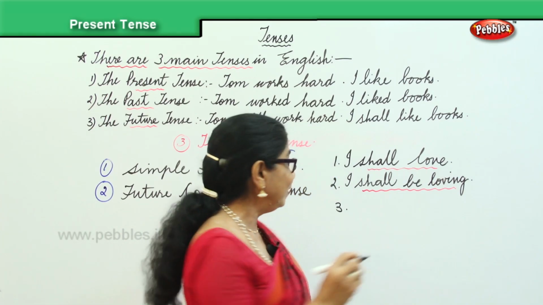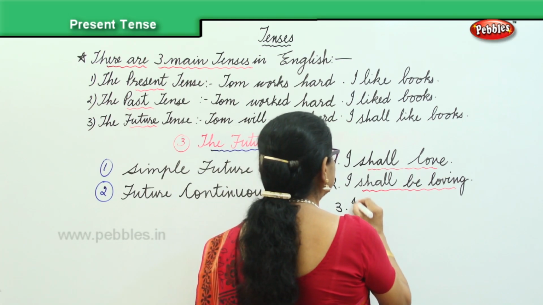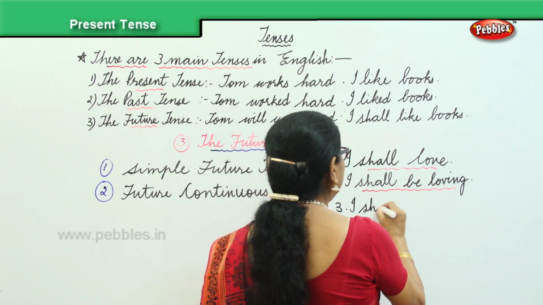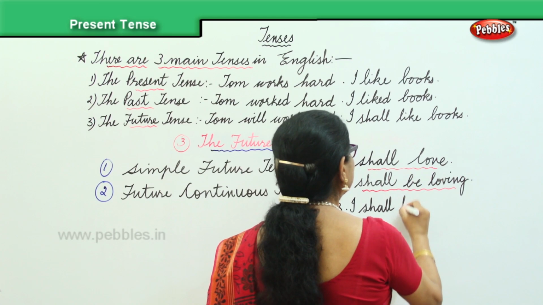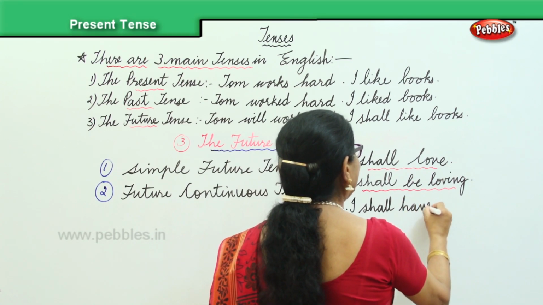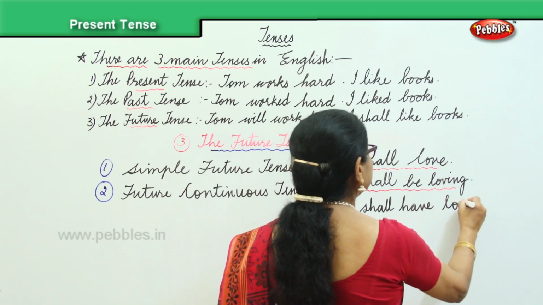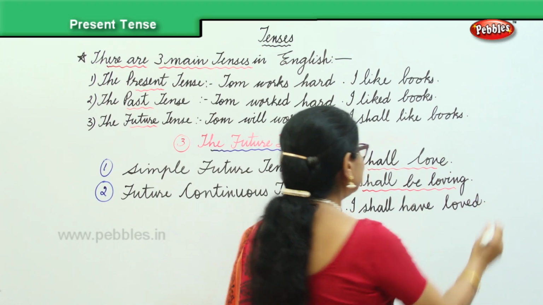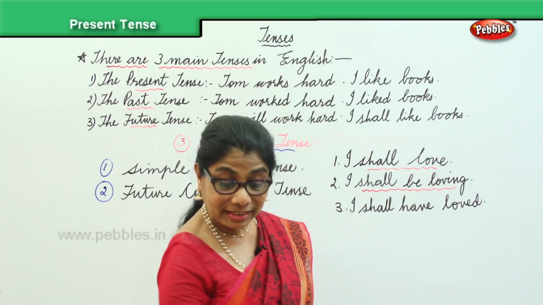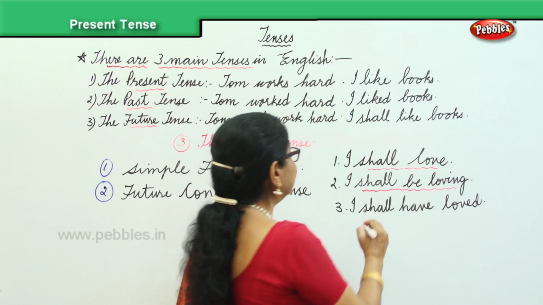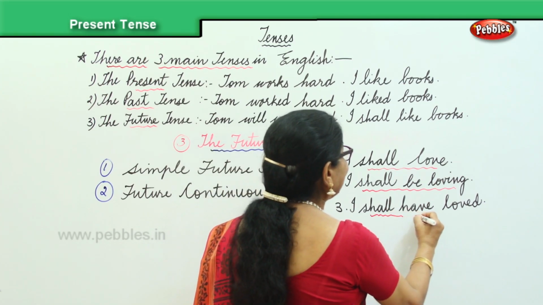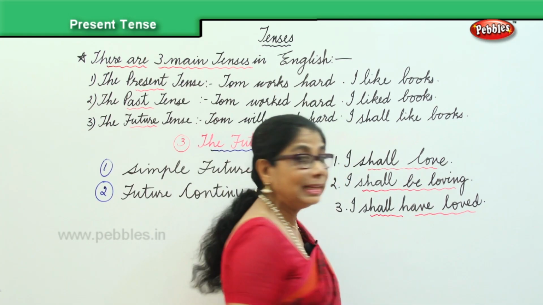We did simple future tense, future continuous tense, and the third is I shall have loved. The third sentence is I shall have loved. Look at the verb shall have loved.